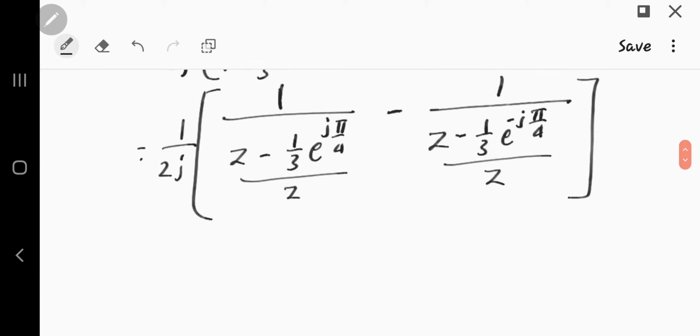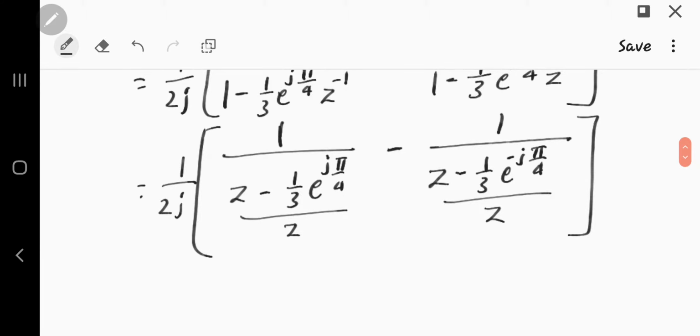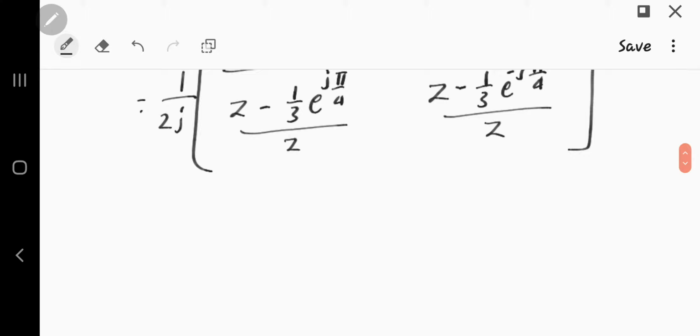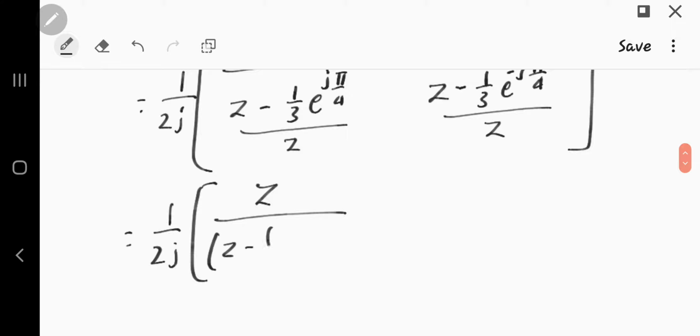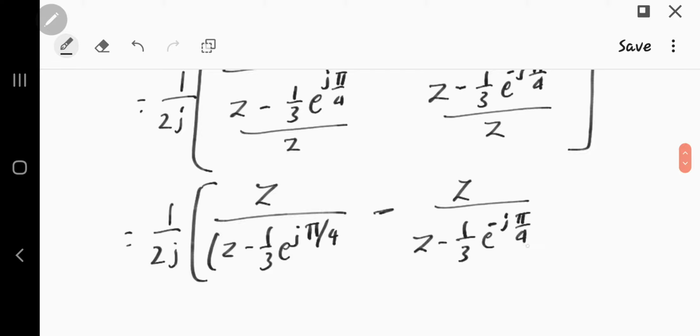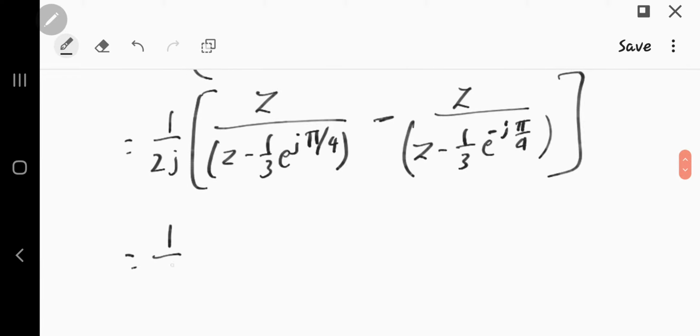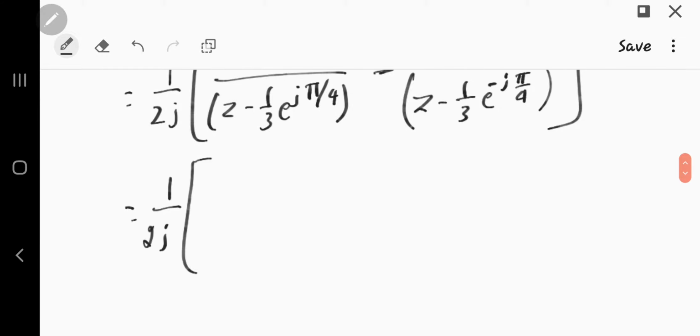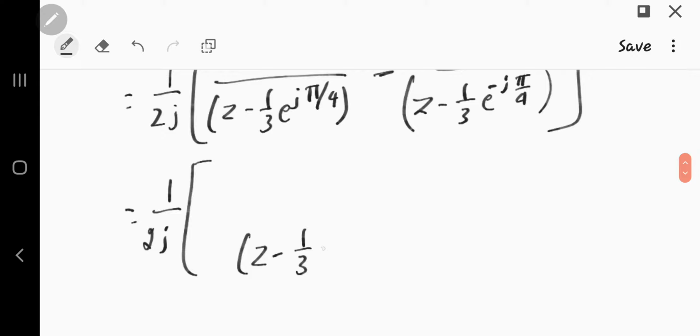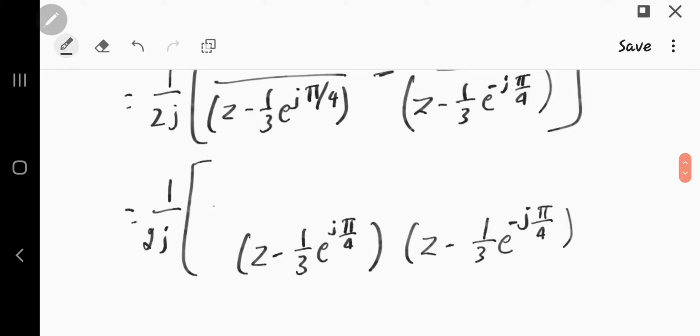Now if z goes to the numerator, if you take this LCM, we get z minus 1 by 3 e to the power of j pi by 4, z minus 1 by 3 e to the power of minus j pi by 4.